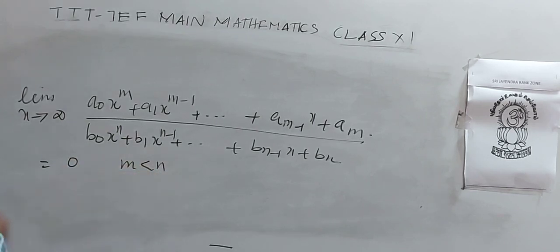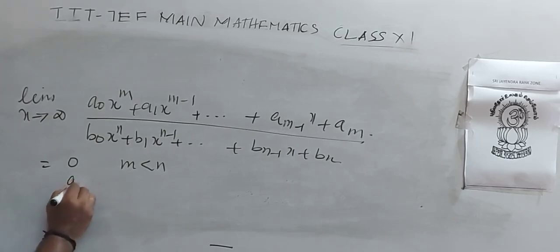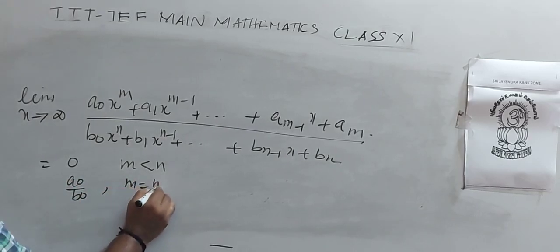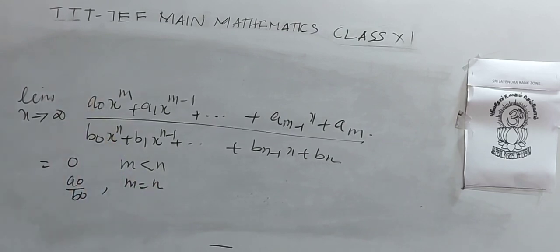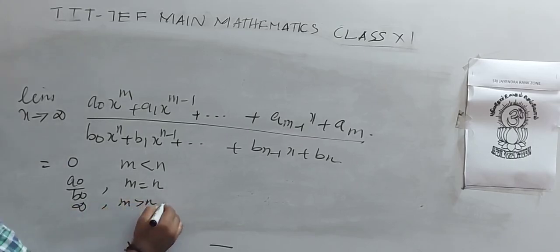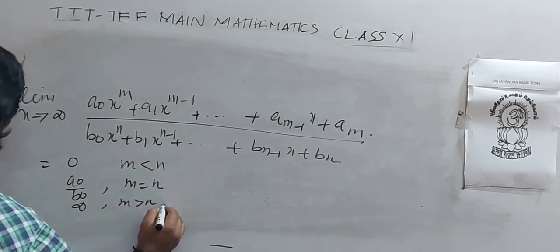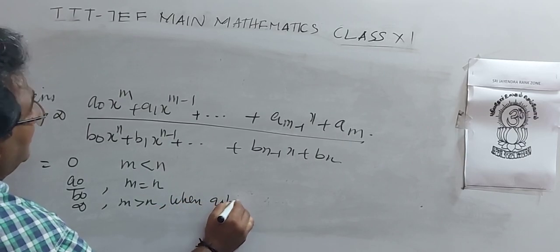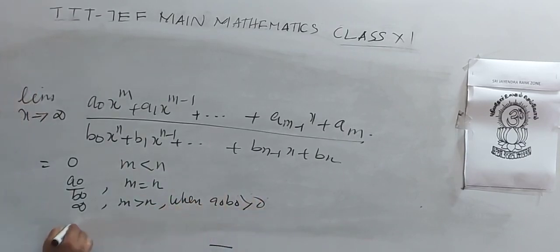if m is less than n. That means the degree of the numerator is less than the degree of the denominator. If the degrees of numerator and denominator are equal, the answer is a naught by b naught. Infinity, if m is greater than n when a naught by b naught is greater than 0.